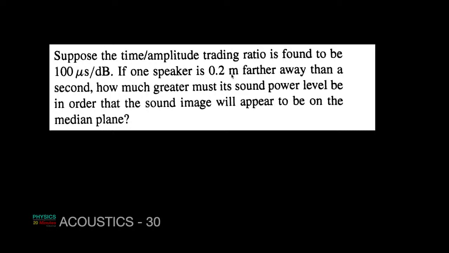Let me just quickly find my calculator. Now I'll put 0.2 divided by 340. That gives me 0.00058. This is the delay. Now I can take 100.